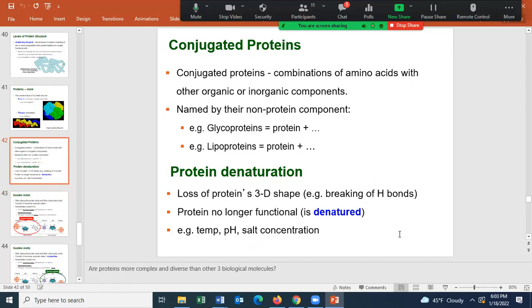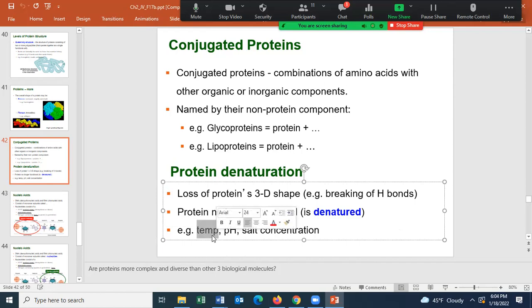Another example of protein denaturation, which you probably did in your preliminary biology class, is you take an enzyme and move it to a temperature that is not optimal. When you move away from the optimal temperature, the enzyme starts losing its function, so it won't work as well.